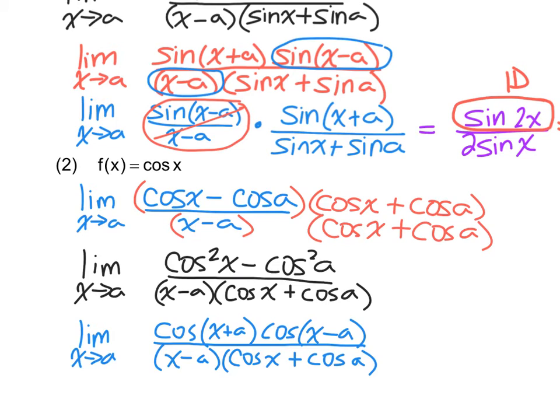Also, for some reason, the calculator thinks that this is cosine squared x. I don't know why. It's not, but that's what it thinks. So cosine x, close it up, squared, minus cosine a, close it up, squared, equals, second math, option 1, alpha math.